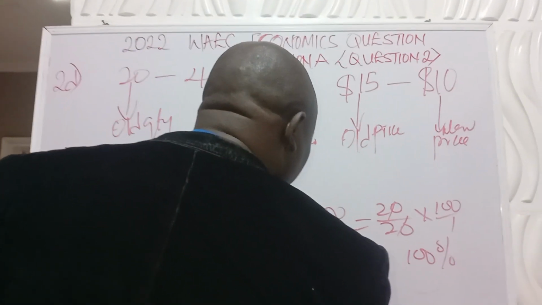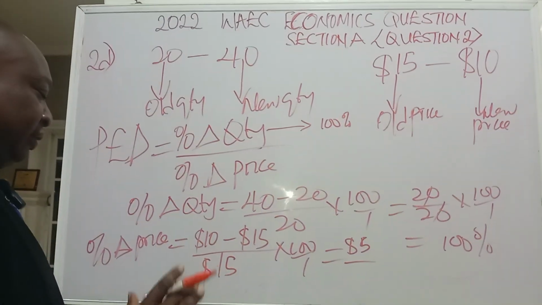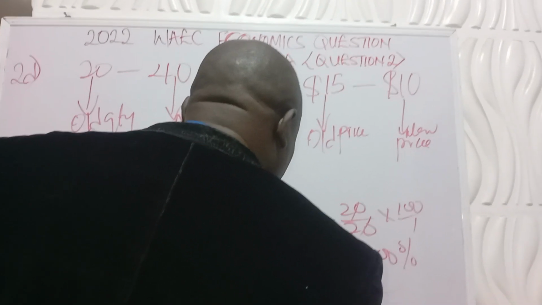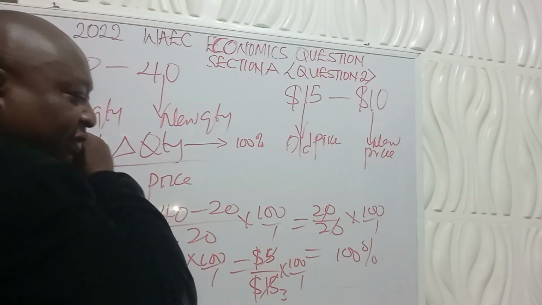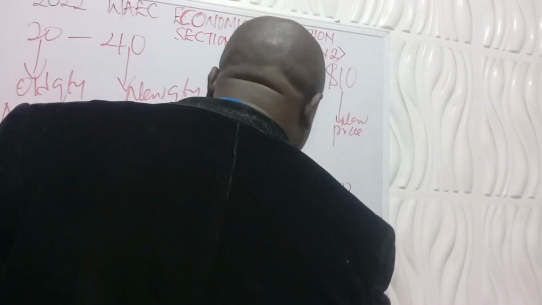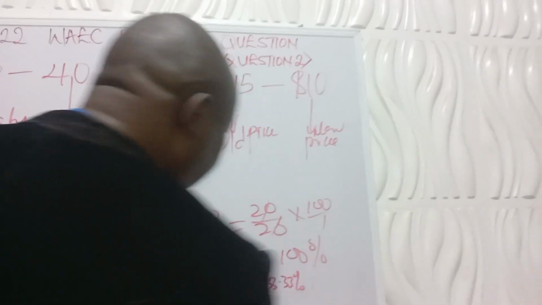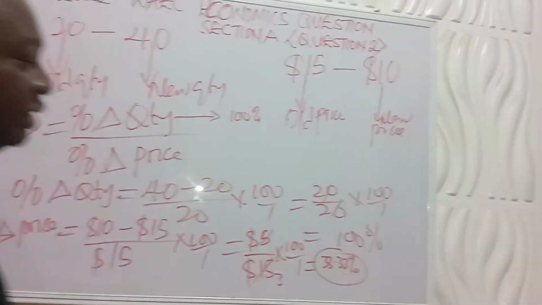So this minus this will give you minus $5, but we are going to ignore that negative sign. Divided by 15 times 100 over 1. 5 here is 1, 5 here is 3. So 100 divided by 3 will give you 33.33%. So your percentage change in price is 33.33.